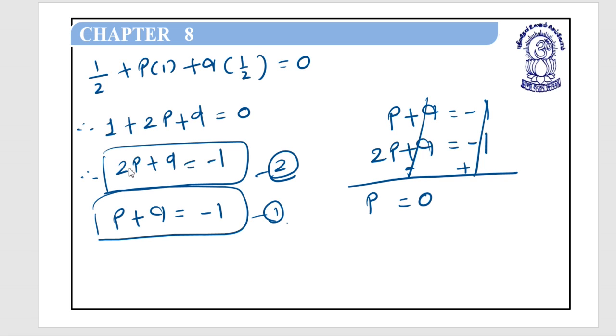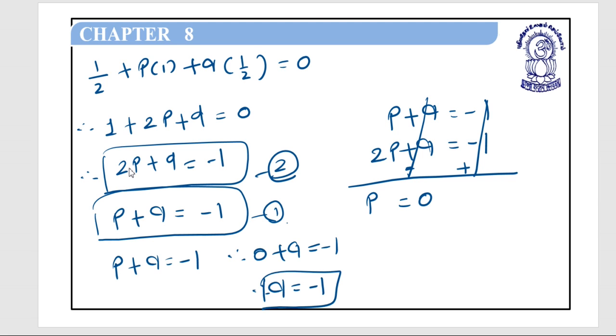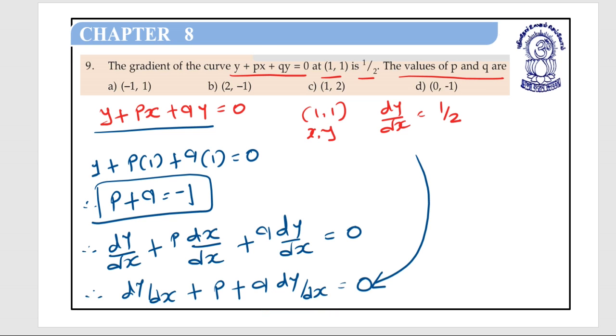Now put into this equation: p plus q is equal to minus 1. So 0 plus q is equal to minus 1. So q is equal to minus 1. So here p is equal to 0 and q is equal to minus 1. Option D is the right answer.